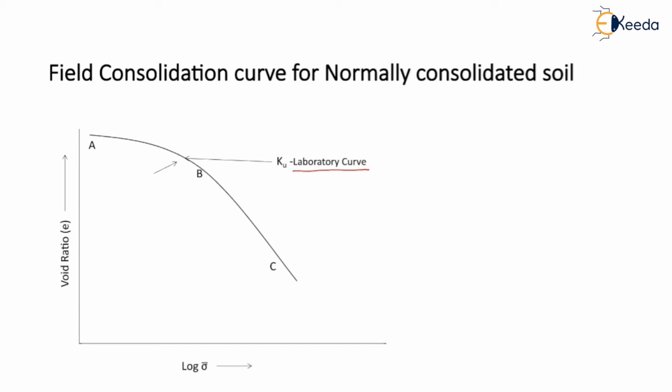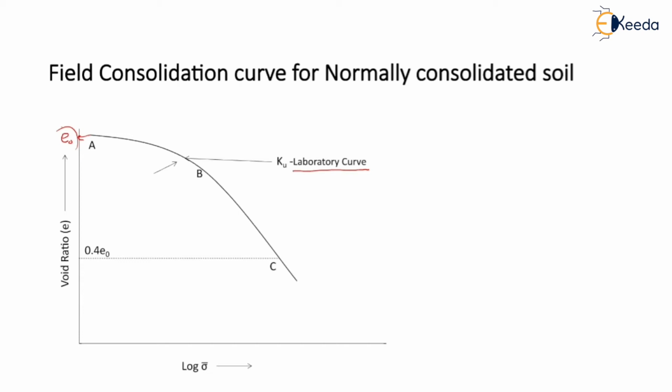On this curve ABC, point A corresponds to the initial void ratio, which is e naught. This void ratio is the void ratio present in the soil before the application of incremental load. And point C corresponds to the void ratio of 0.4 e naught.